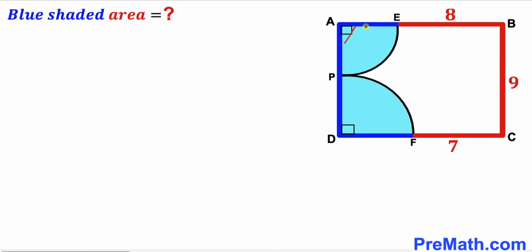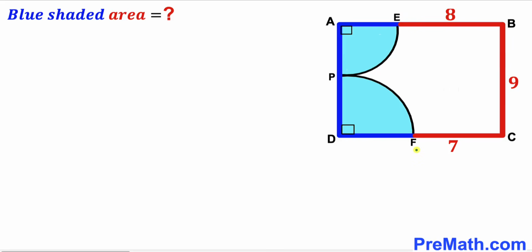We have these two quarter circles of different dimensions: this quarter circle with the center A, and this other quarter circle with the center D, fully inscribed in a rectangle ABCD, as you can see in the diagram, such that this side length BC of the rectangle is 9 units, whereas this horizontal segment length EB is 8 units.